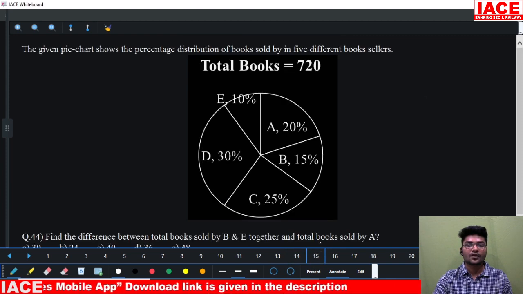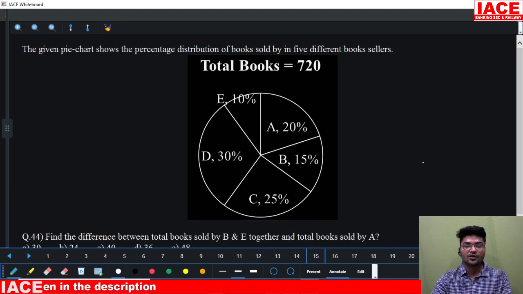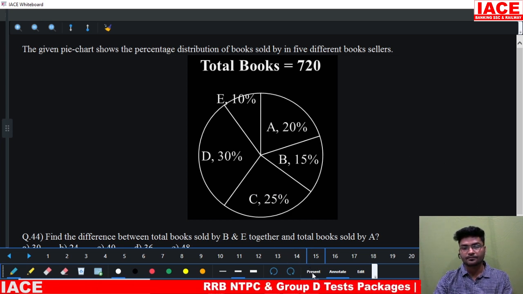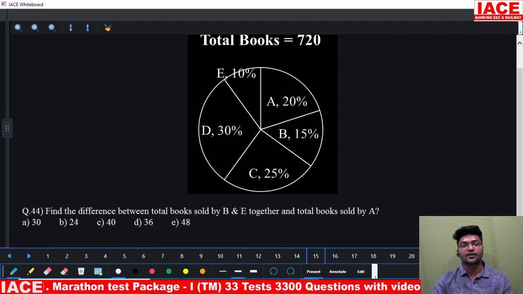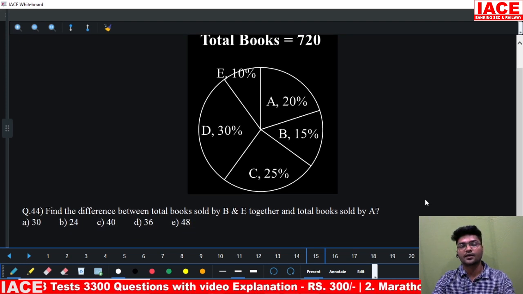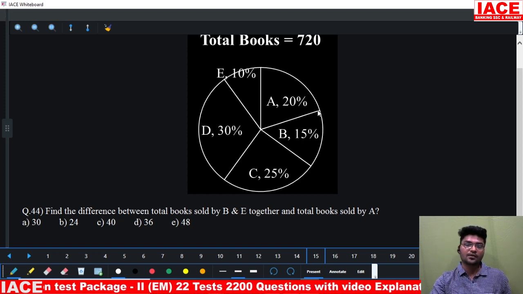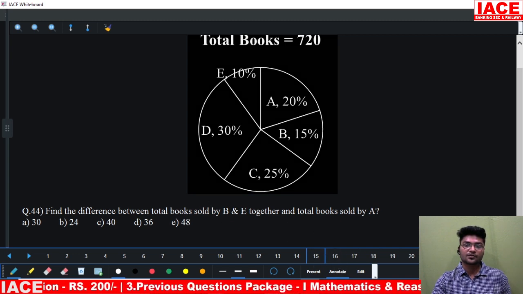Next question. Question number 44. What is this question asking? Find the difference between total books sold by B and E together. First of all, B and E together, how much is the percentage?